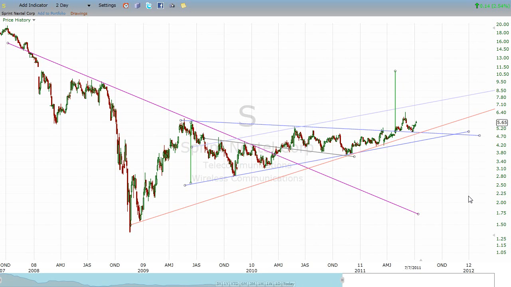It's not a true symmetrical, but we're going to call it a symmetrical triangle consolidation. And that broke out back in late April, early May. It pulled back to this line, and now it looks to me like Sprint is going back up.